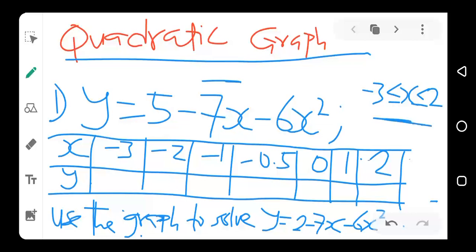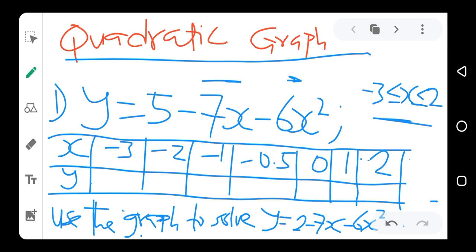Now, we are asked to use the graph we've drawn for this one to find the root of y equal to 2 minus 7x minus 6x squared. We have y equal to 5 minus 7x minus 6x squared, and we are asked to use the graph of it to find the root of another equation. The second equation is y equal to 2 minus 7x minus 6x squared.